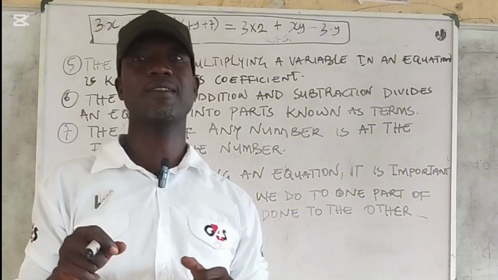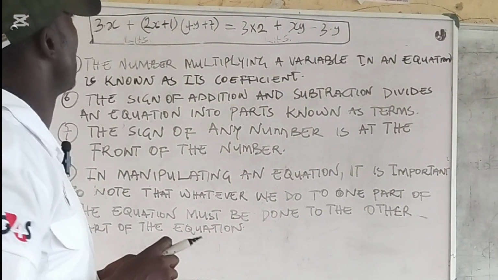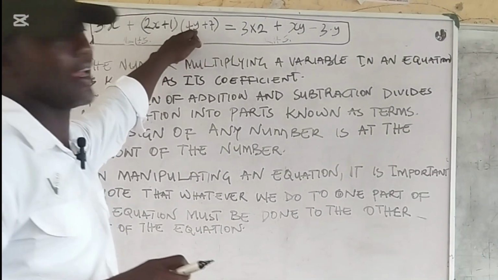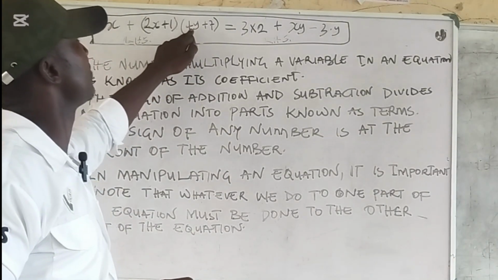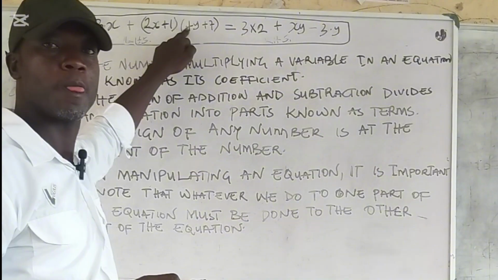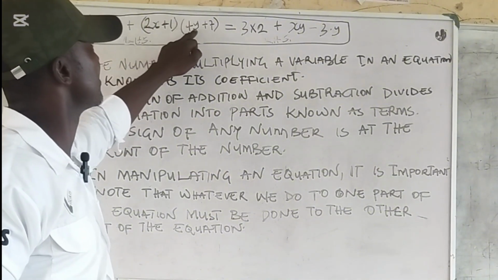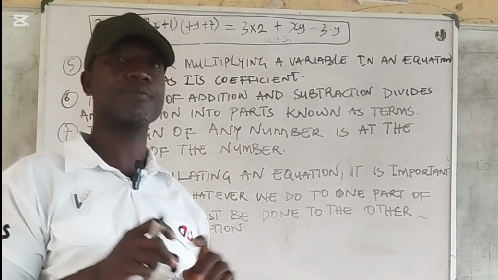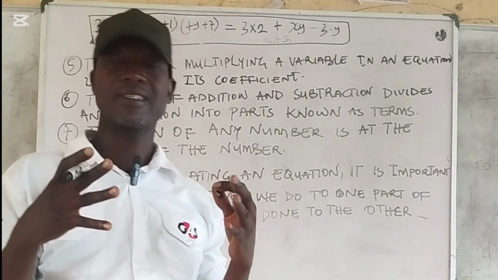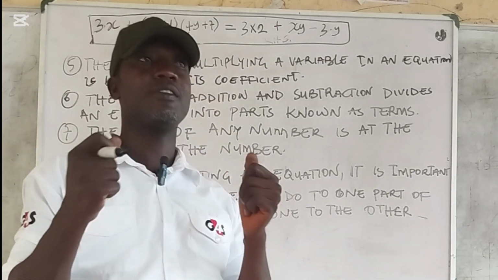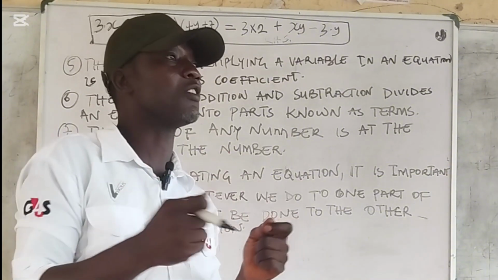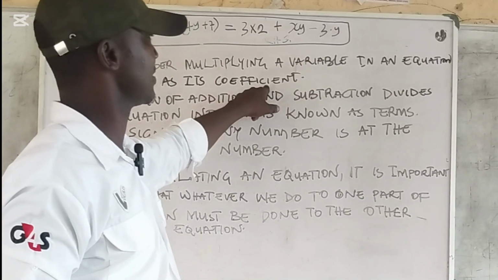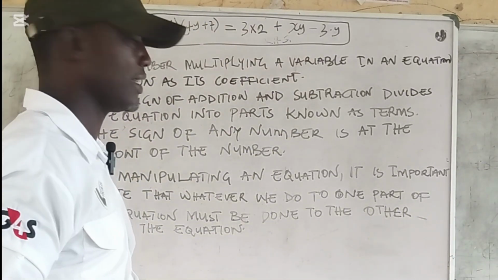This is very important. So if I ask, what is the coefficient of y here? The simple answer is 4. Why? Because 4 is multiplying y, and we know that y is a variable. Numbers that multiply the unknown, or the variable, or the letters of the alphabet in our equation are known as coefficients. That is the fifth fact, guys.